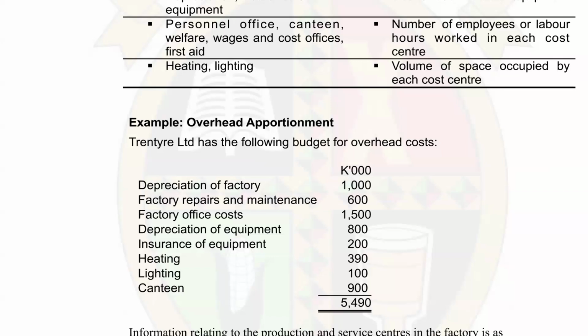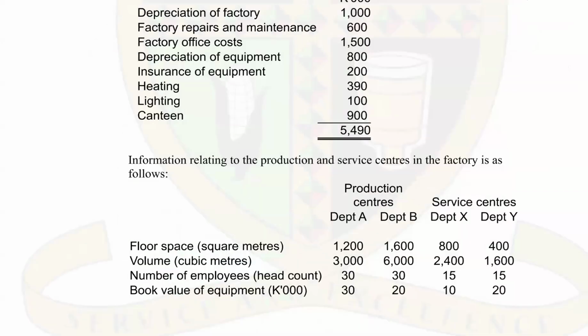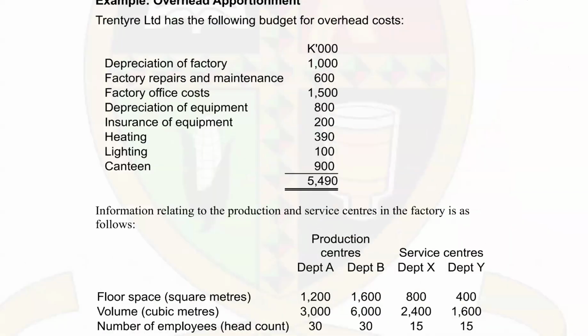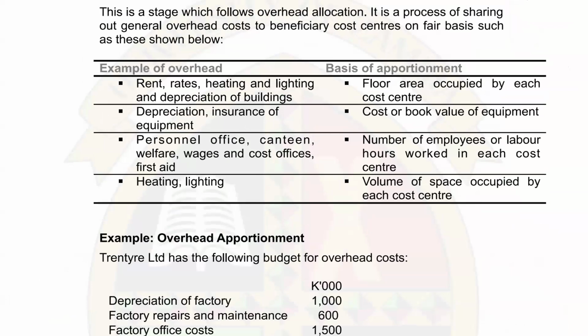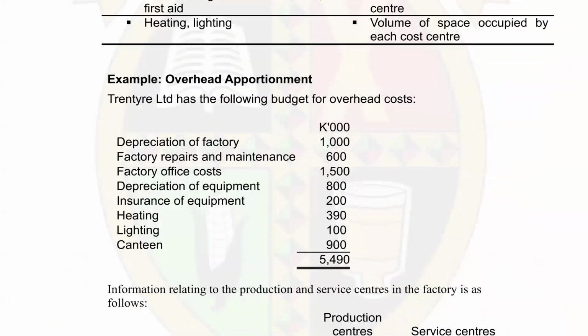Now, today, I have spent much time to talk about only the basis of apportionment, so that when we come to this example to apply the knowledge, you'll be good.